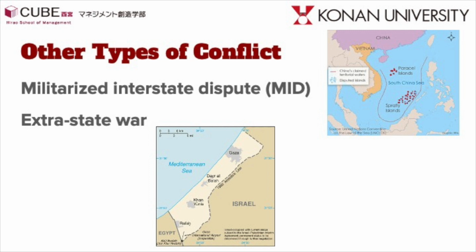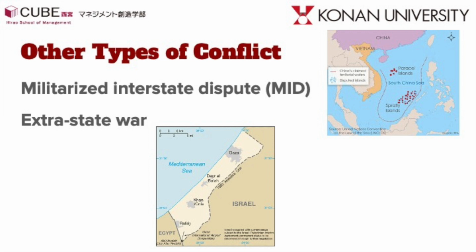So two recent examples are China's territorial claims in the South China Sea and also North Korea's military posture or provocations. So it hasn't turned into a full-scale war. We call these MIDs, or militarized interstate disputes.